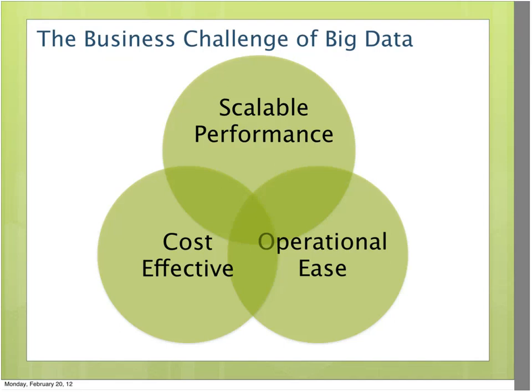There are some that give you cost-effective, scalable performance, but they're difficult and fragile to manage. There are others that are scalable and easy to manage, but they're not cost-effective. Of course, Oracle is notorious for that, picking those two circles.